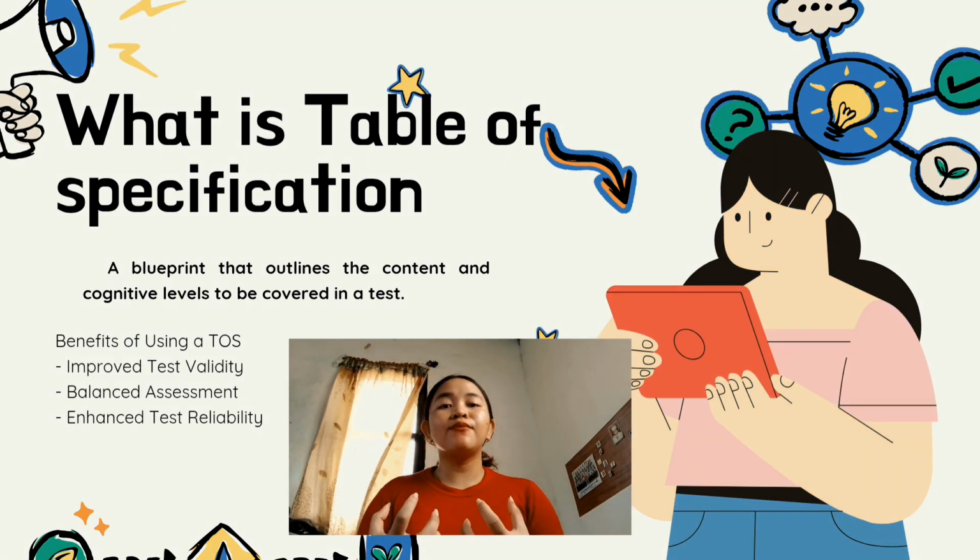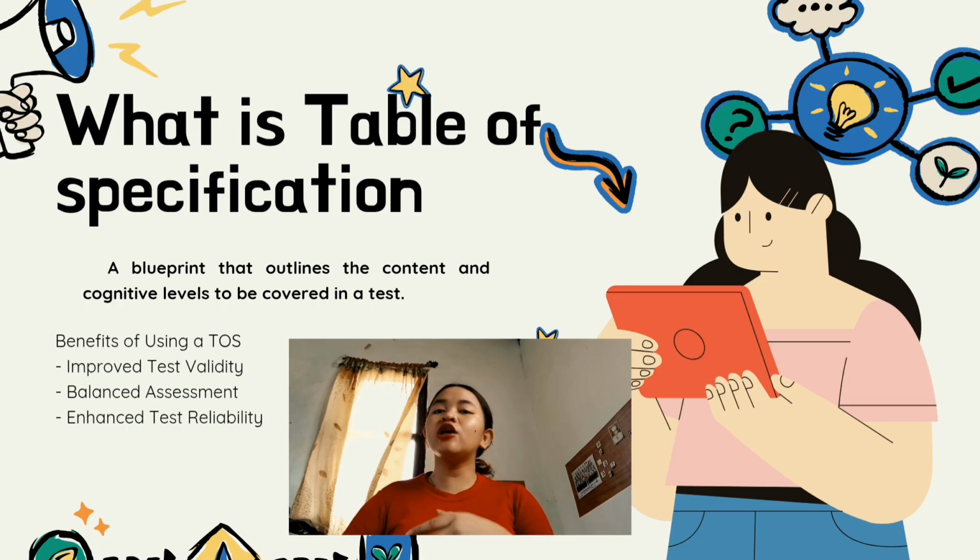So now, I'm gonna talk about the benefits of using a TOS or table of specification. The first is to improve test validity, to ensure the tests cover all relevant content areas. It also aligns assessment with learning objectives. And also, we have balanced assessments.